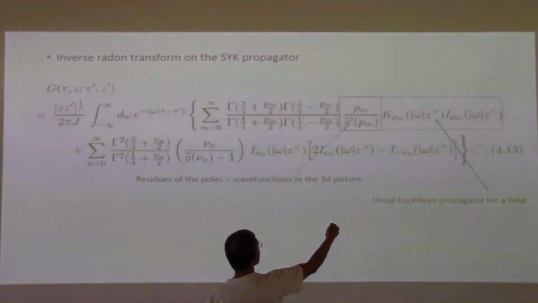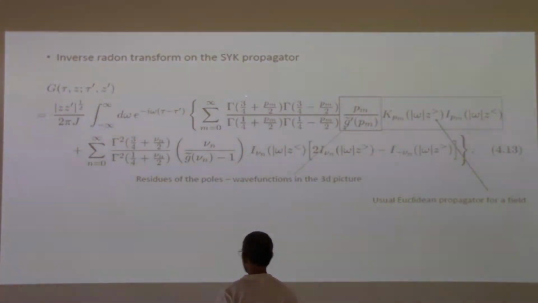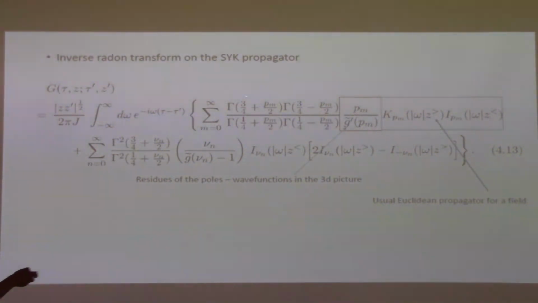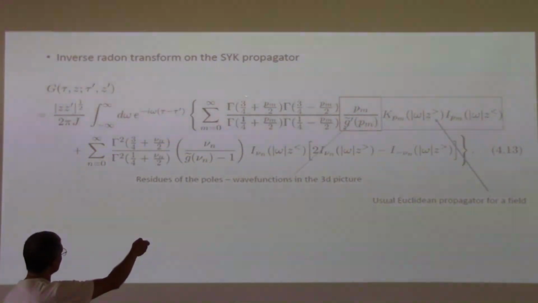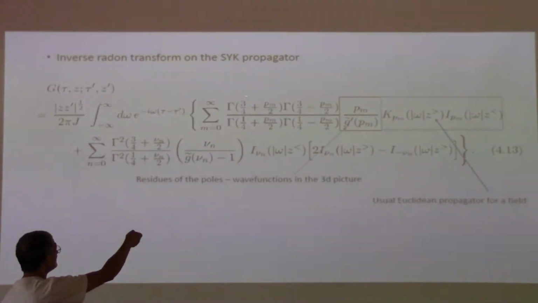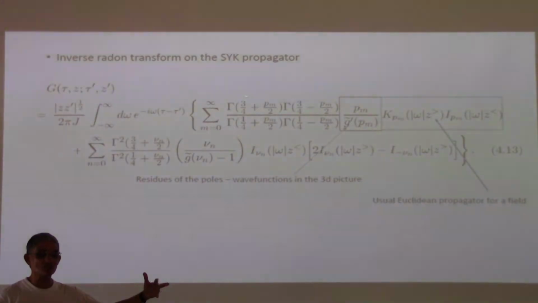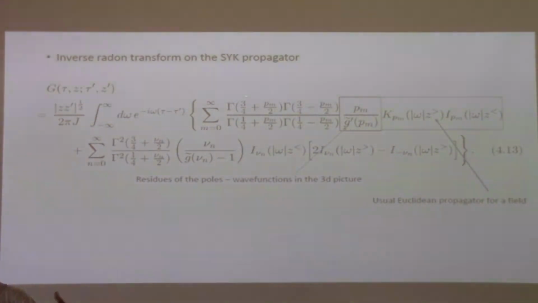These boxes, these products of modified Bessel functions, are exactly those which appear in the standard Euclidean propagator in AdS spaces. They are multiplied by some functions which have poles, which in this language means there is some redefinition of the fields or external leg factors. In any process, you attach those things.